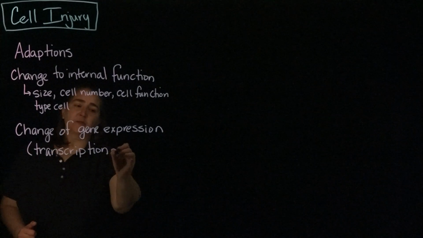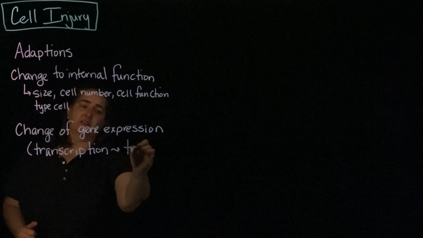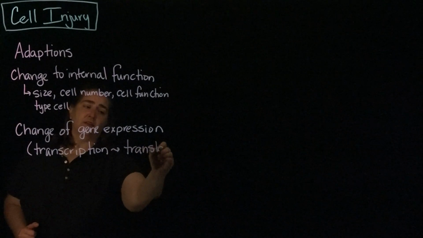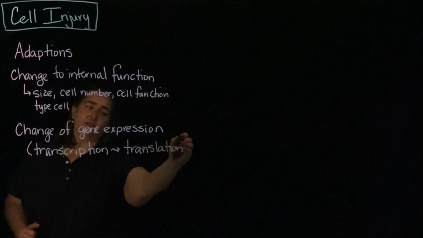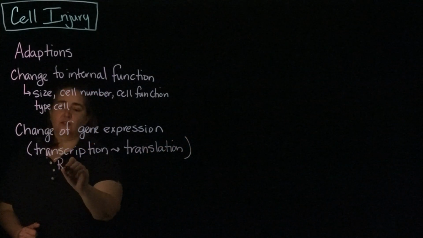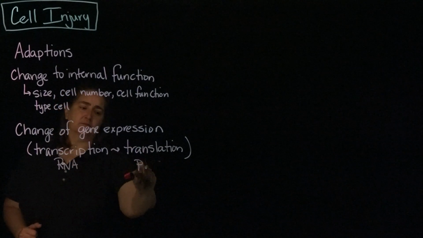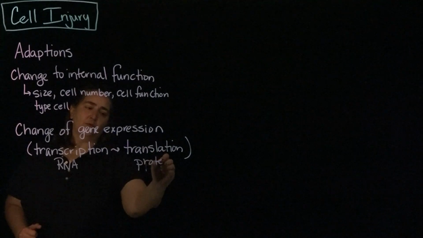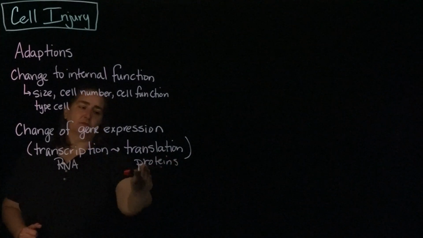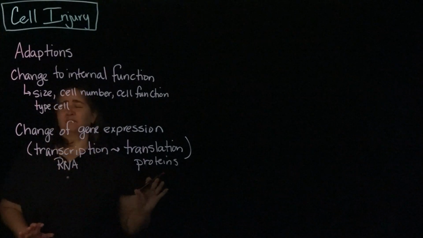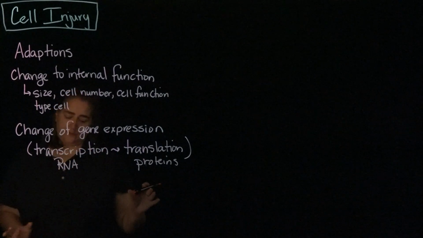With that transcription, all right, you've got new RNAs that are made. You get a change in translation, okay? So transcription, you should be thinking RNA, translation, proteins, okay? Again, this is most often, doesn't have to be exclusive though, okay?